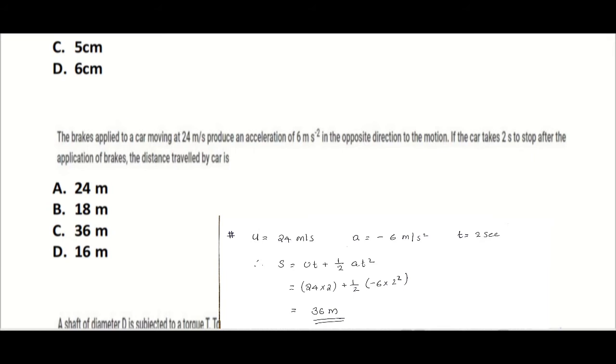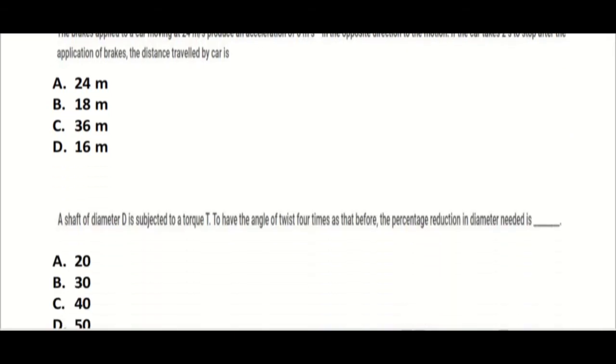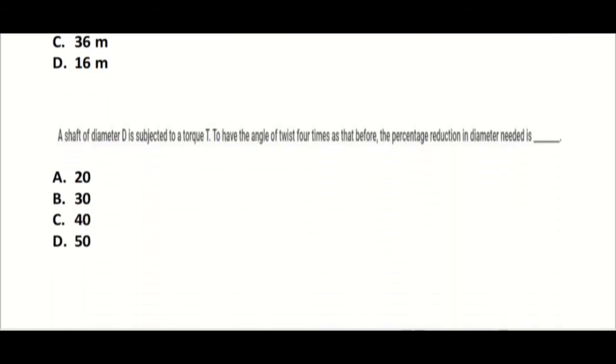We need to apply this equation for this problem. The initial velocity u is given as 24 meter per second. The acceleration is opposite to the direction of the motion, so it is minus 6 meter per second square, and the time to stop is 2 seconds. Substituting these values into the equation, we get the distance equal to 36 meter. Option C is the right answer.